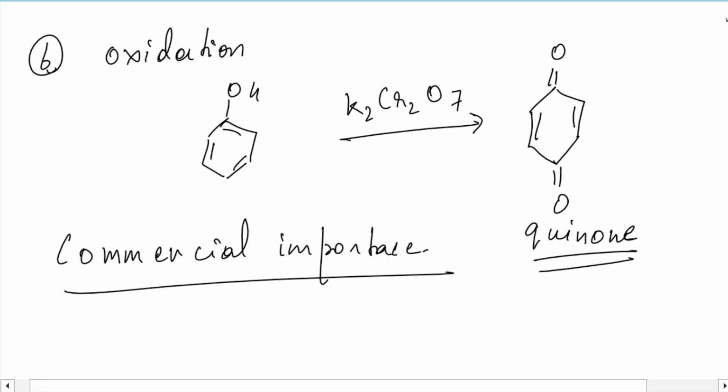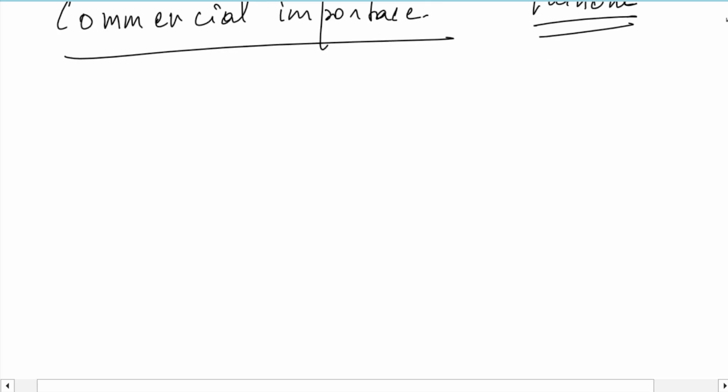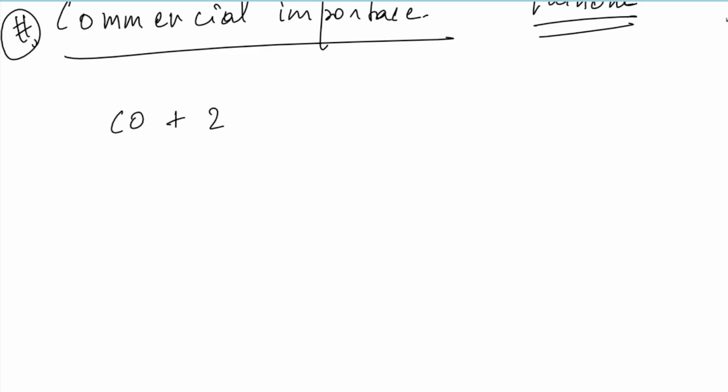If we talk about the commercial importance of alcohols, what comes to our mind is ethanol, because it is the most used as an alcoholic beverage and is sold in large amounts. Before that comes methanol. These are the chemical reactions given in the NCERT textbook.